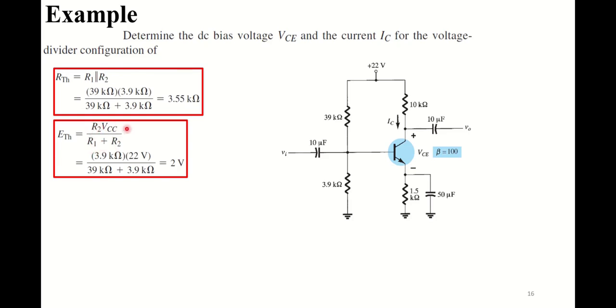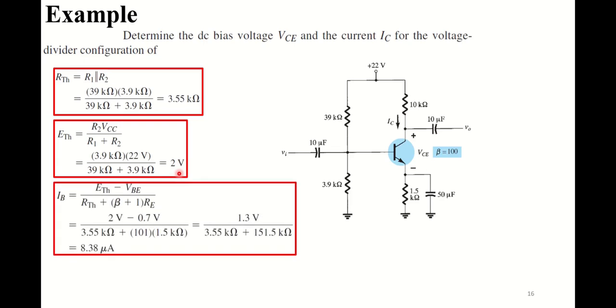Just replace the given values in this equation to get the value of E Thevenin equal to 2 volts. Now as we have the values of both R Thevenin and E Thevenin, we can easily find the value of base current IB, that is equal to E Thevenin minus VBE divided by R Thevenin plus beta plus 1 RE.